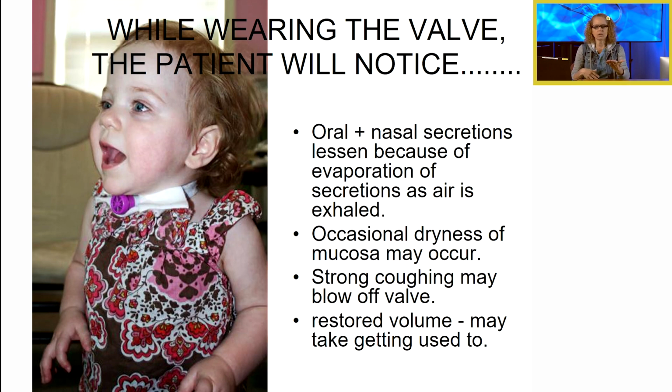Then actual secretions start decreasing because of evaporation of secretions as the air is exhaled. So occasional dryness of the mucosa can occur. And again, strong coughing can blow off that valve, right? It takes some getting used to, right?